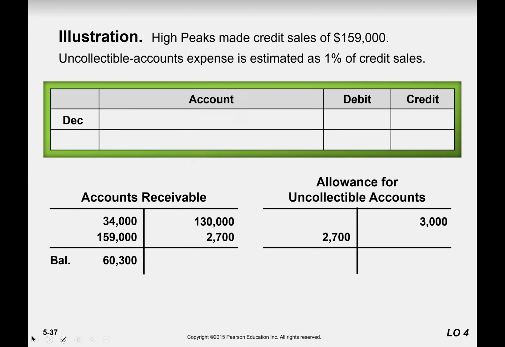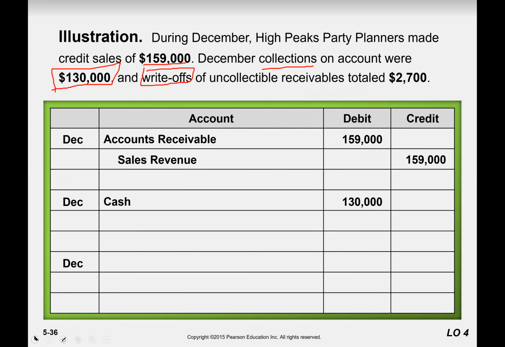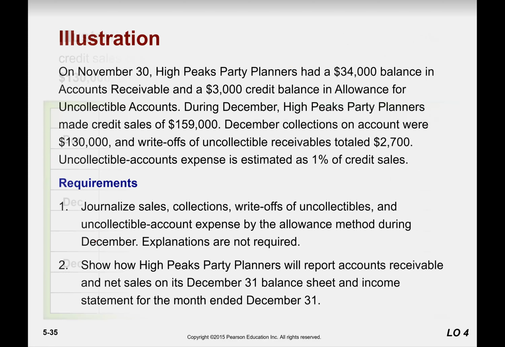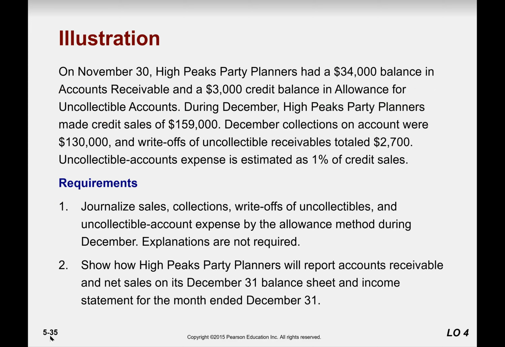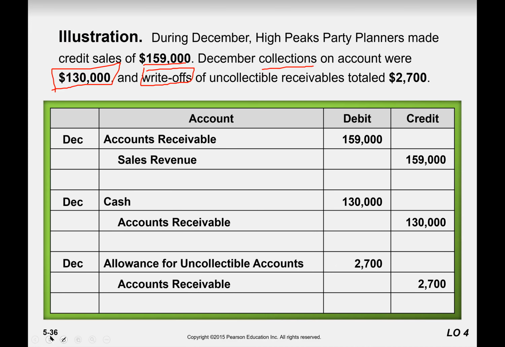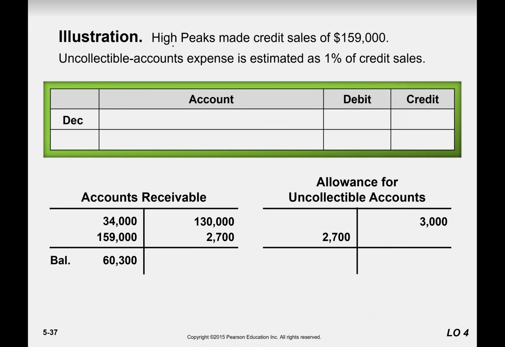Now the second requirement is to show how High Peaks Party Planners will report accounts receivable and net sales on its balance sheet and income statement. Oh, with the allowance method, we just skip that one. So the fourth: High Peaks Party Planners made credit sales of 159,000.